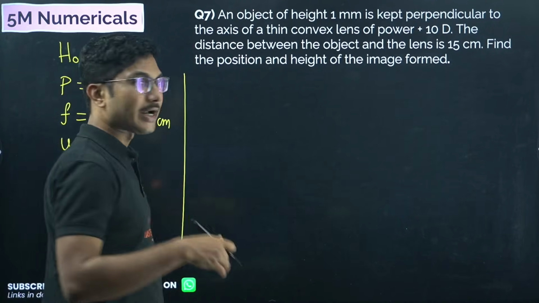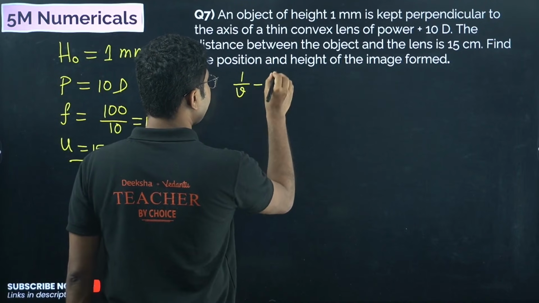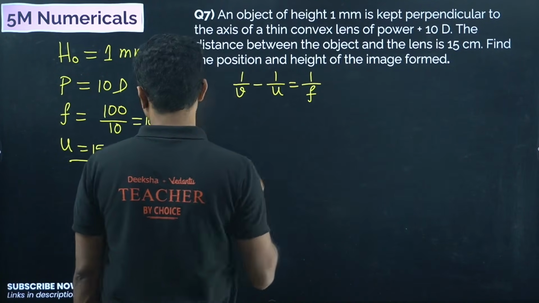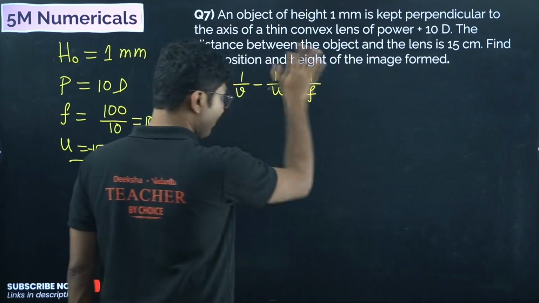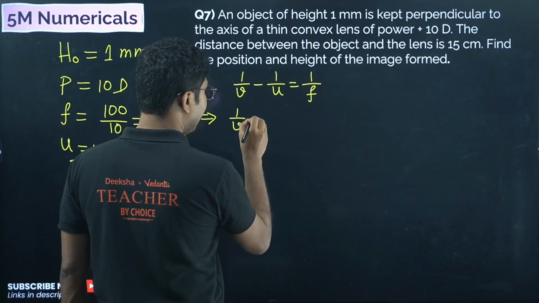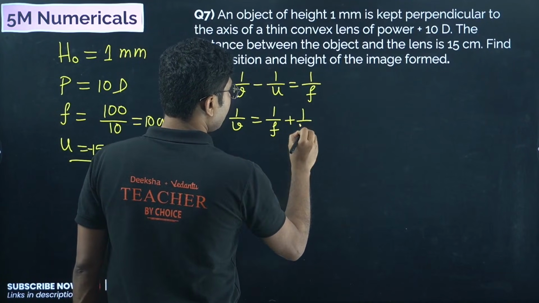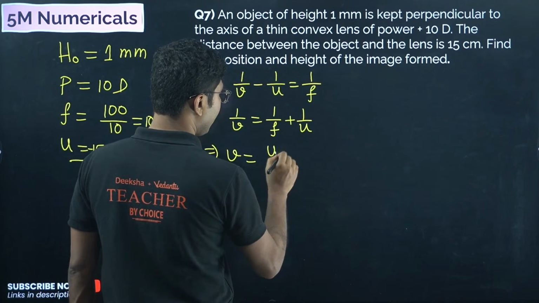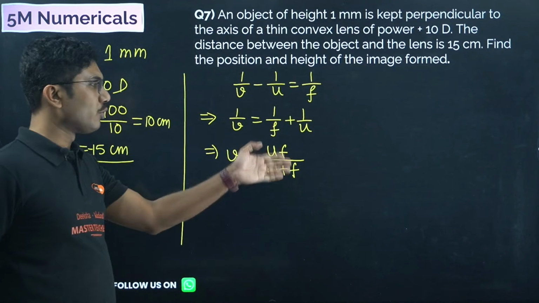So first we have to find the position of the image. We know that 1 upon v minus 1 upon u equals 1 upon f. Now, object distance is always negative, but when we are treating the equation, we will not put any negative sign yet. We will put that in the last step. Try to simplify it and we will get v equals uf by u plus f. If you remember it, good. Otherwise, just do one step.